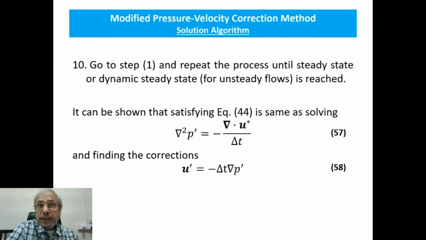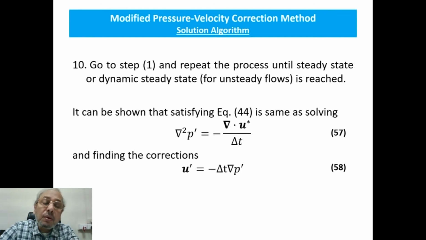If we do not reach steady state for unsteady flow, usually for unsteady flows the velocities will keep on varying, maybe repeating in a cyclic or periodic manner. Under such a situation, we have to reach dynamic steady state. So either we reach steady state or we reach dynamic steady state.